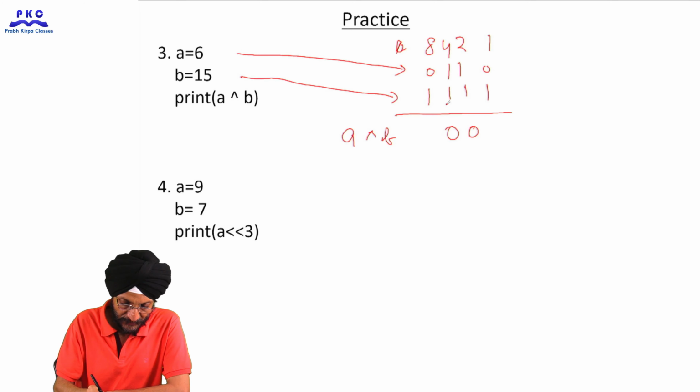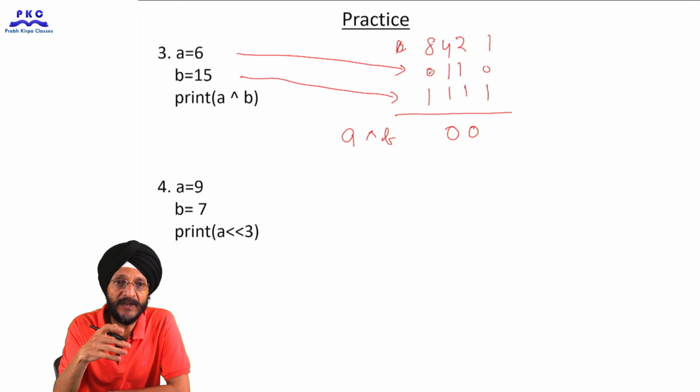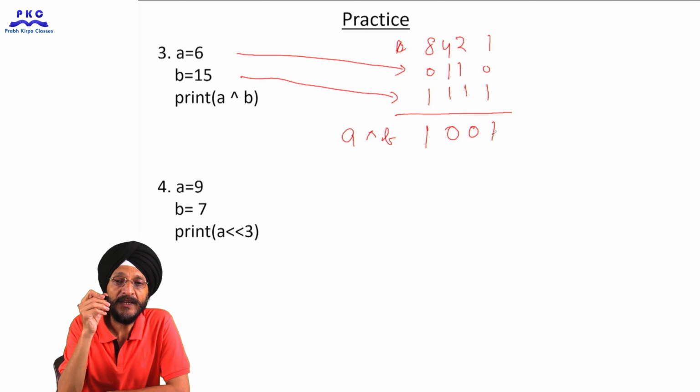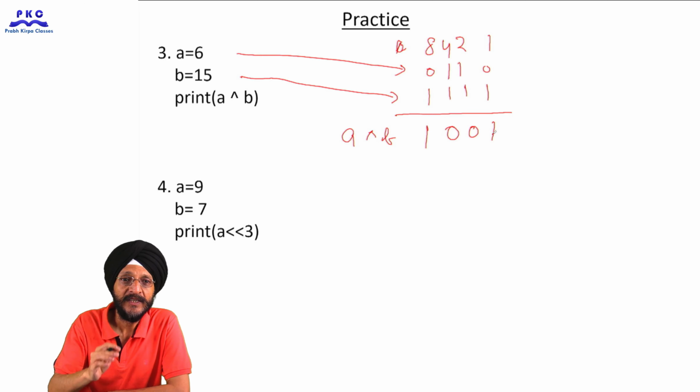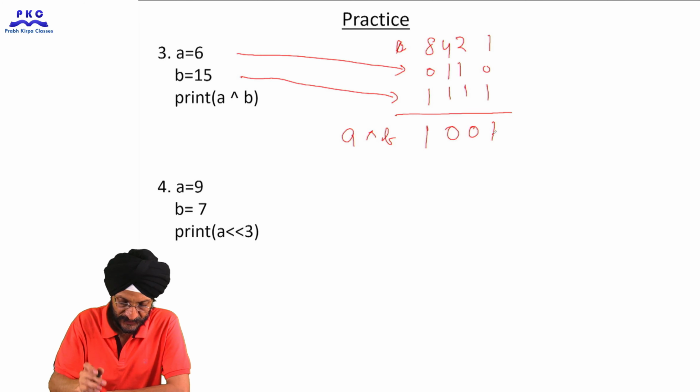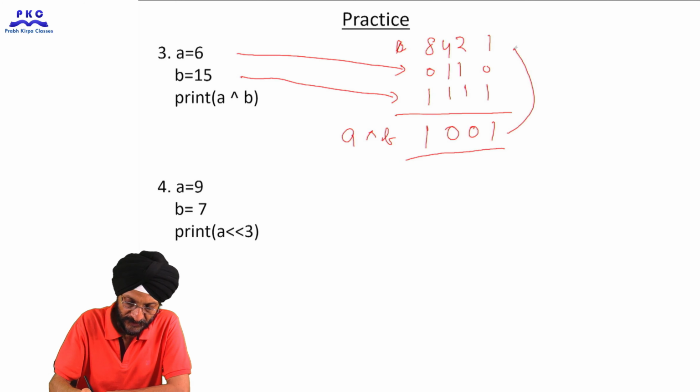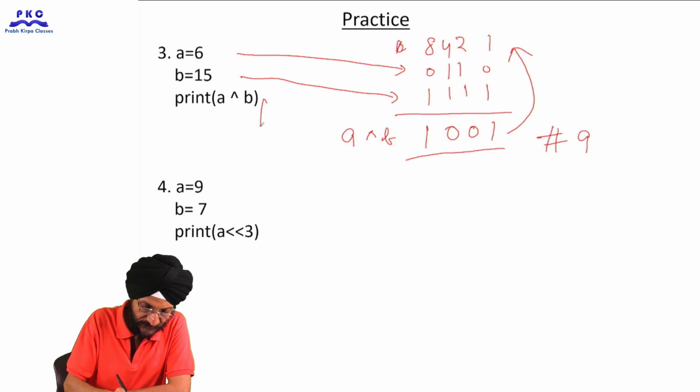If the bits in that position are different, where is it different? It is different here. In case of different bits, we are writing 1. In case the bits are the same, we are writing 0. So what is the final result? 1, 0, 0, 1. We will convert it using this. So what is the output? 8 plus 1, 9.